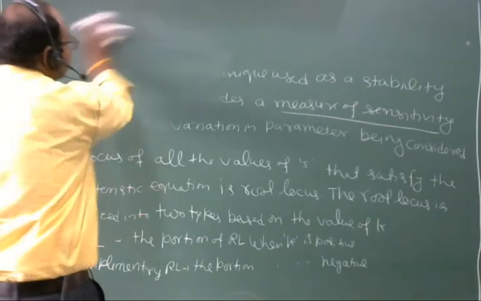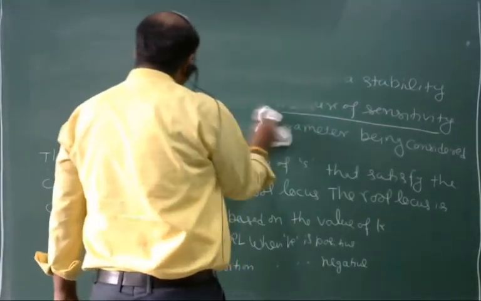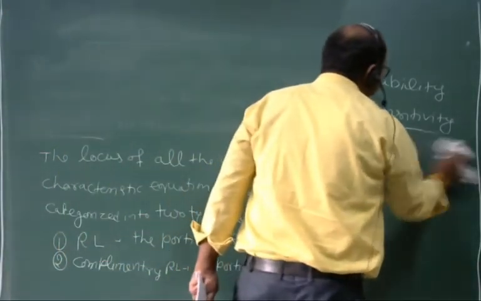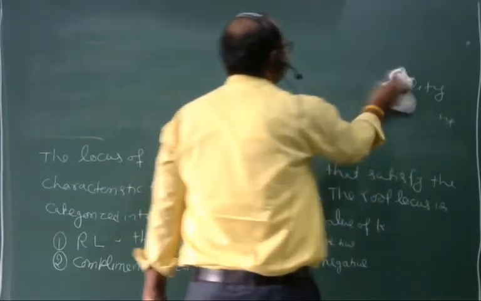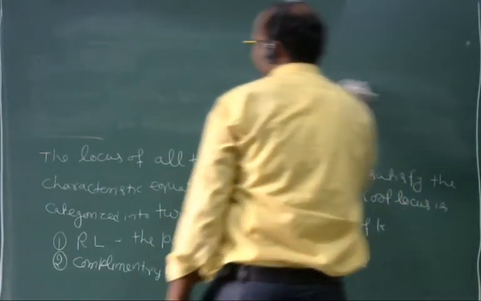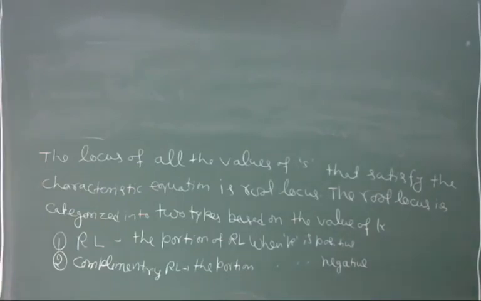And what is the k? K is the parameter which is being varied to draw the locus of the roots.